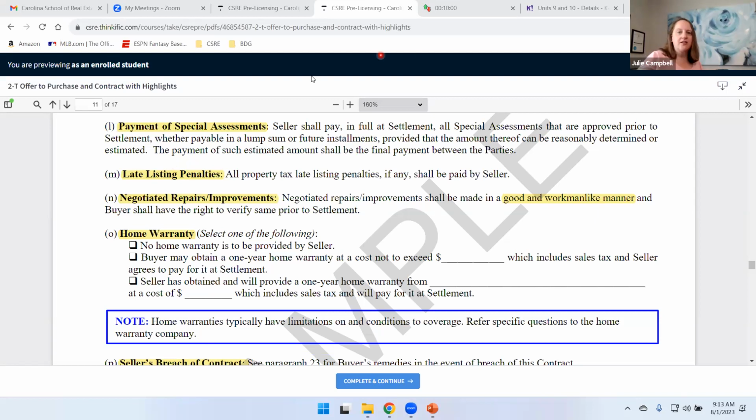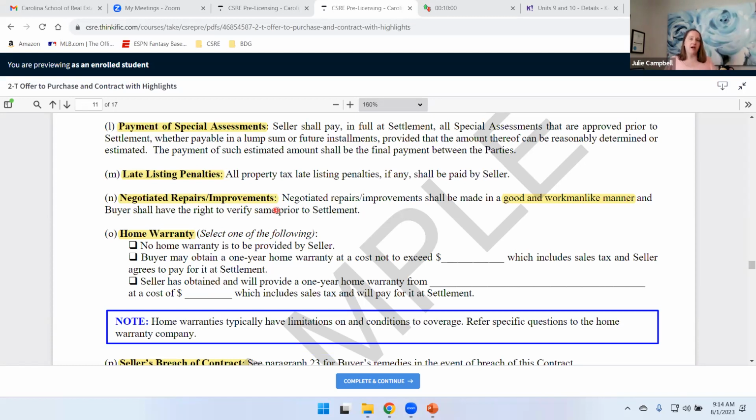And this is just addressing those agreed upon repairs. Those shall be made in good and workmanlike manner. And buyer shall have the right to verify the same prior to settlement. If you're a buyer's agent and your buyer wants specifically somebody with, I hate to say experience, but somebody with a certification or a license, like a licensed electrician, then you need to spell that out in the repair request.